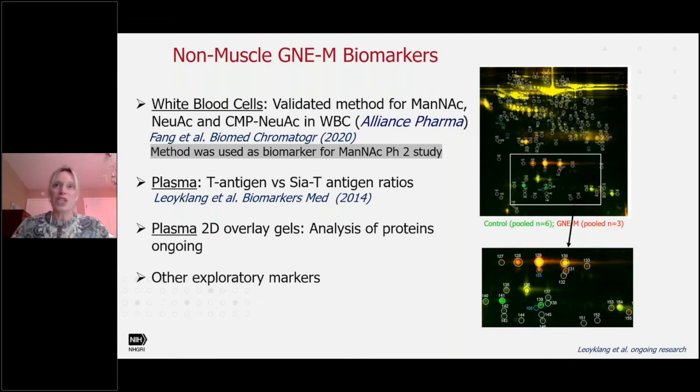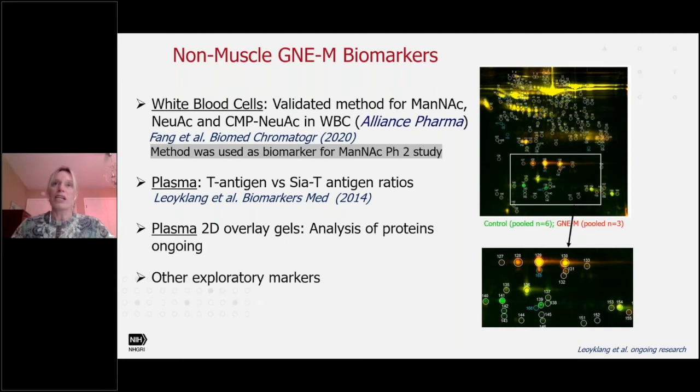So then there is a machine that can pick these spots, which we performed, and can then, by mass spectrometry, analyze what the protein is. So we have this whole list of proteins now, and we know which are different in controls and which are different in patients. And the analysis process is ongoing.